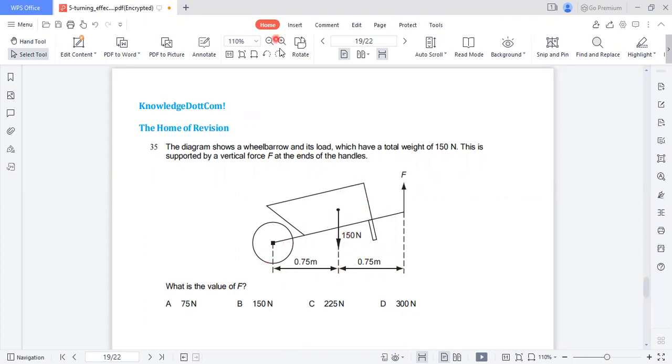You can see this force is acting. It's a weight which is acting in the downward direction, and this is the distance from the pivot point. Force into perpendicular distance will give a clockwise movement.